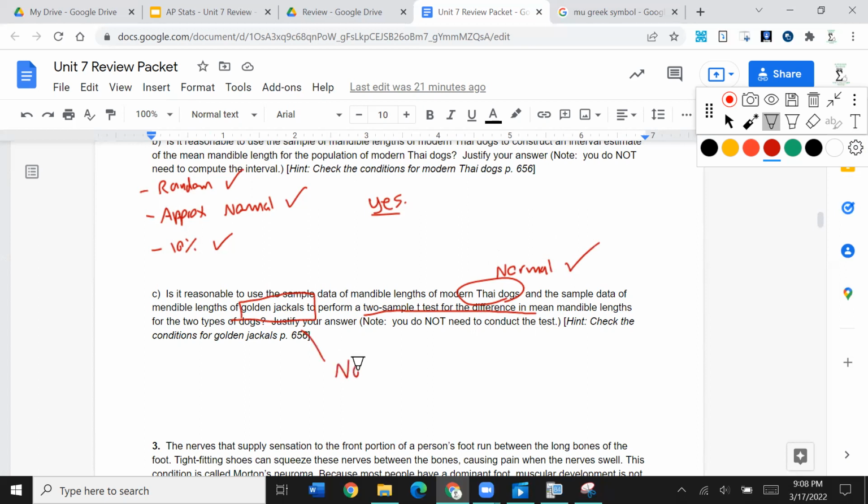So the normal condition is not met for that sample. Even if we have the independent, the 10%, and the random conditions, we have not met the normal condition for specifically that group of golden jackals. So the answer would be no in this case.